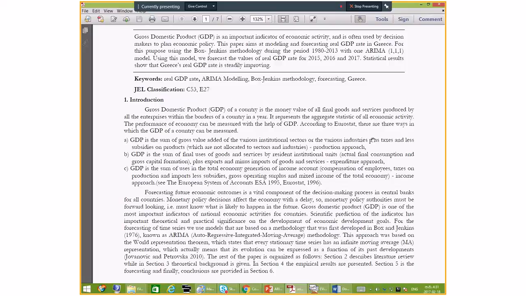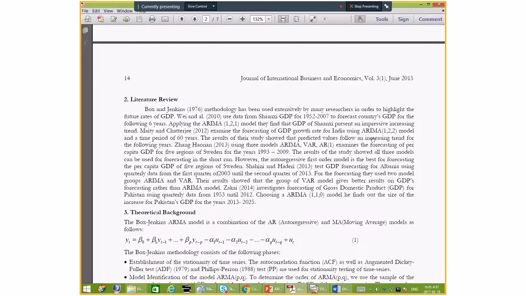This is the way we analyze and forecast GDP growth. In this case, with the ARIMA model, the Box-Jenkins methodology is used. Most researchers use the Box-Jenkins methodology.